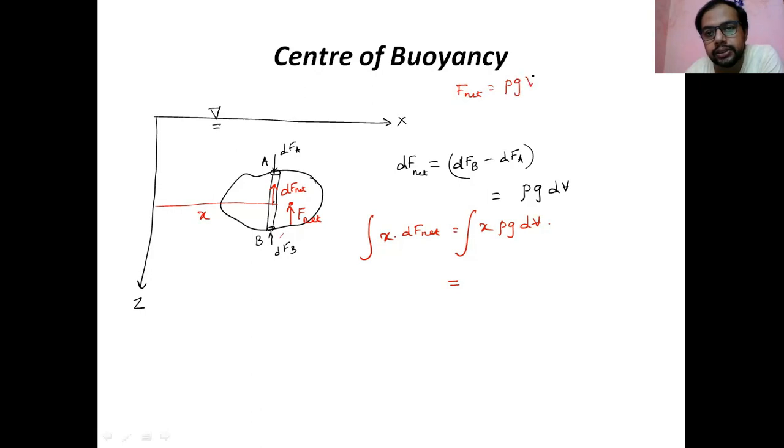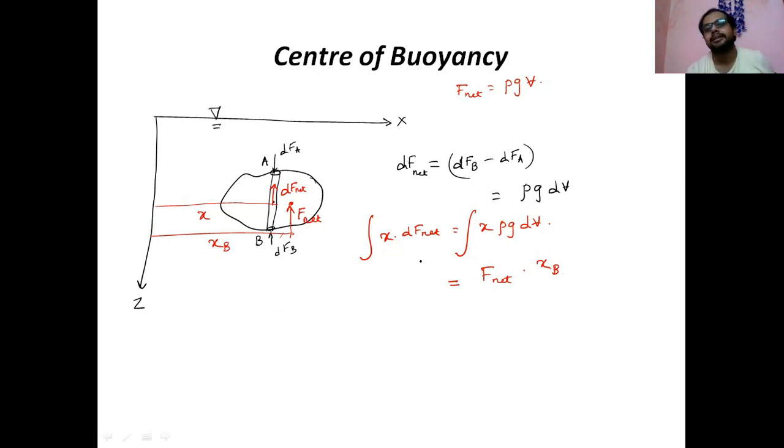After integration we are getting rho G, so F net into XB. So F net is acting at a point whose distance from the Z axis is XB.